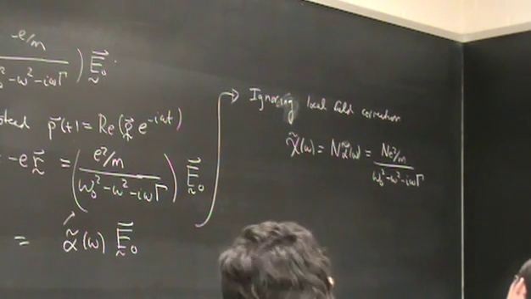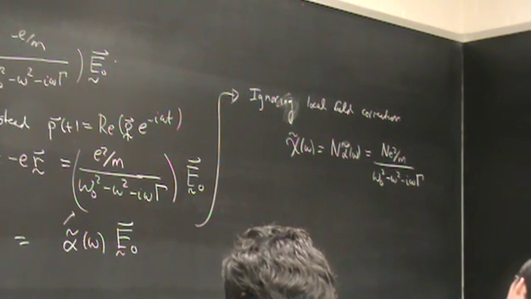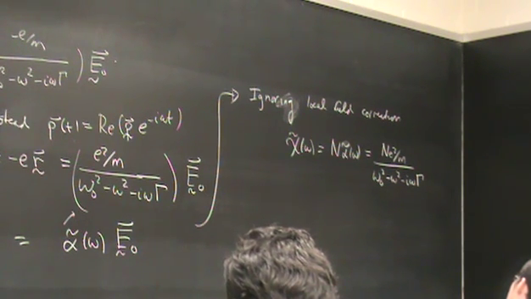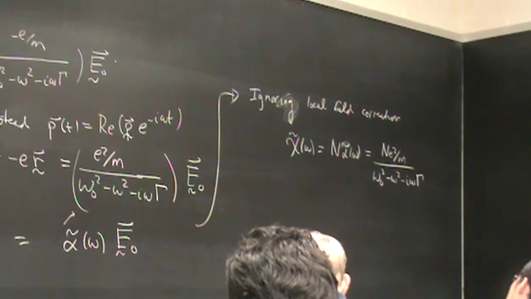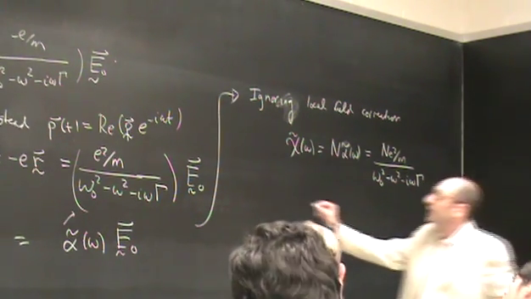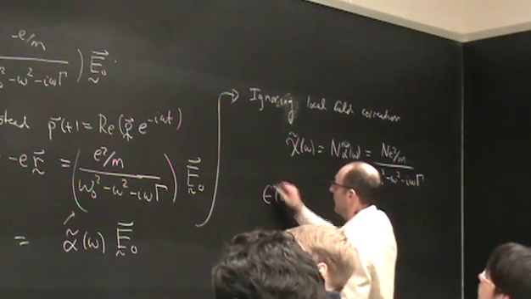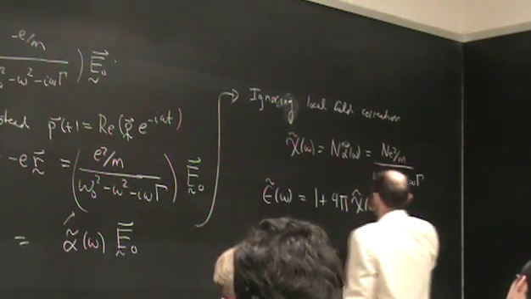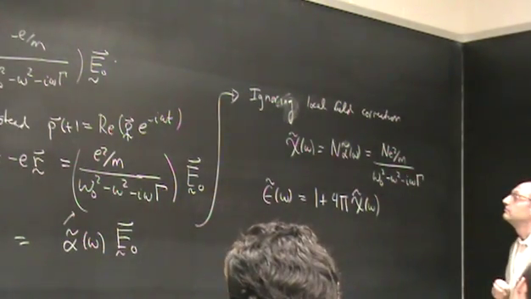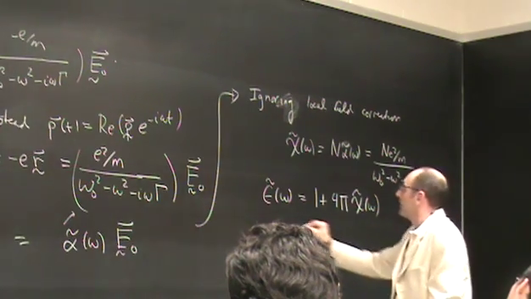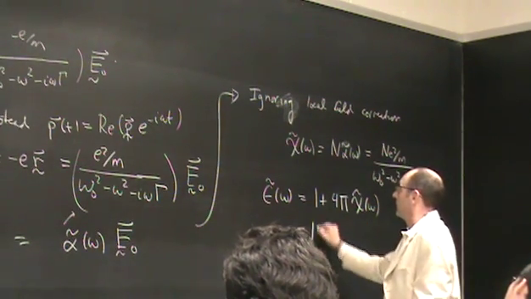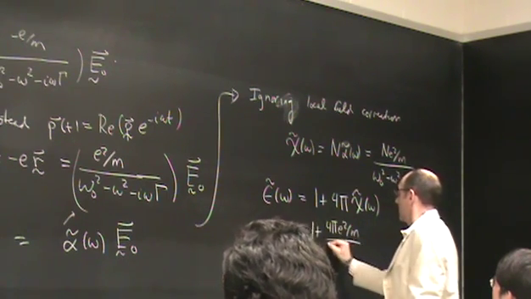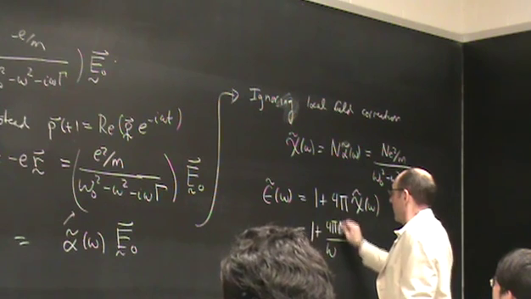And thus, what is the index of refraction? Well, what's the dielectric constant associated with this collection of molecules? Dielectric constant, you'll remember, is 1 plus 4 pi chi. So that's equal to 1 plus 4 pi e squared over m, there's an N here.